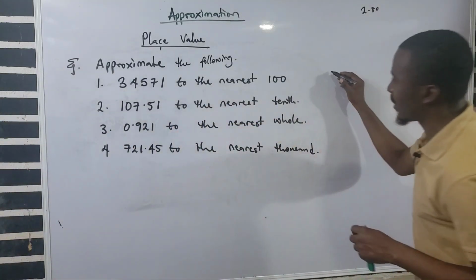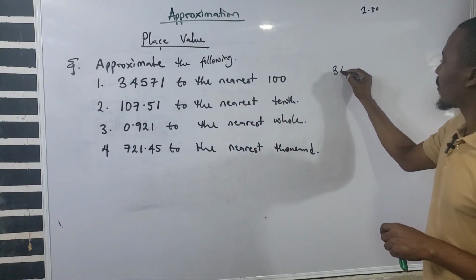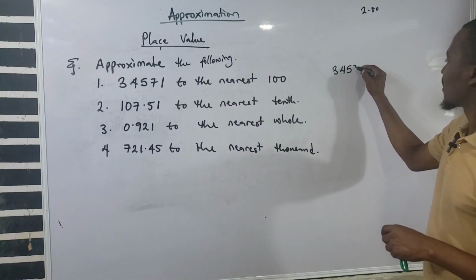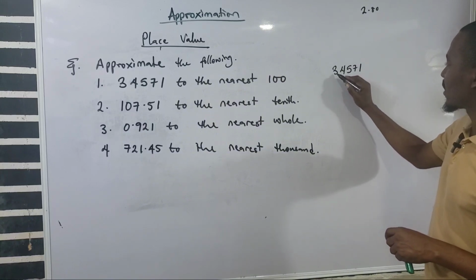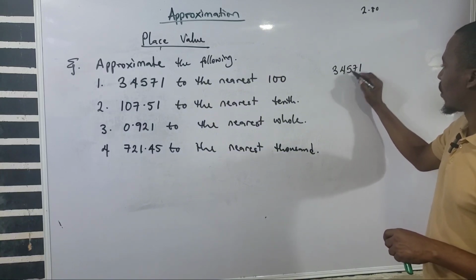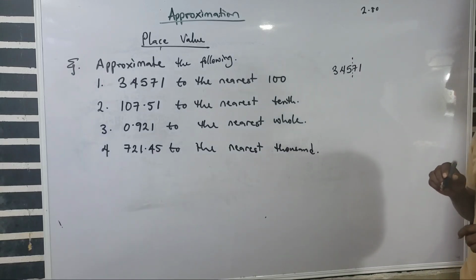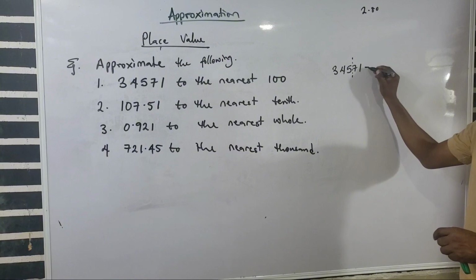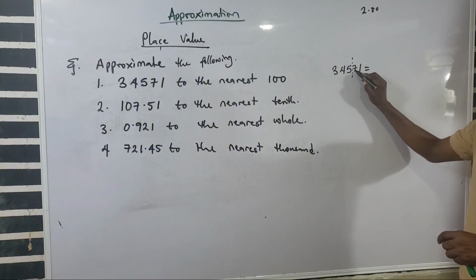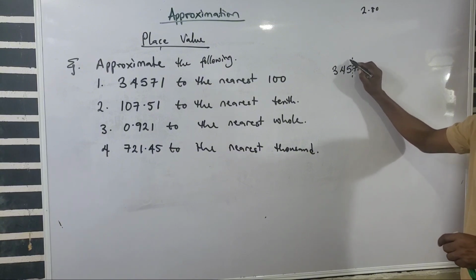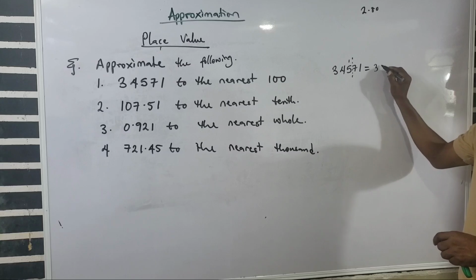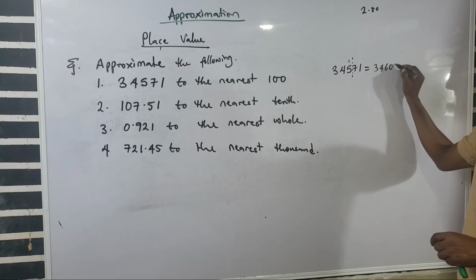So let's do that here quickly. 3, 4, 5, 7, 1. So this is units, tens, hundreds. So that's where I'm going to put my invisible line. So this one is up to 5. Okay, so you add 1, you have 3, 4, 6, 0, 0.